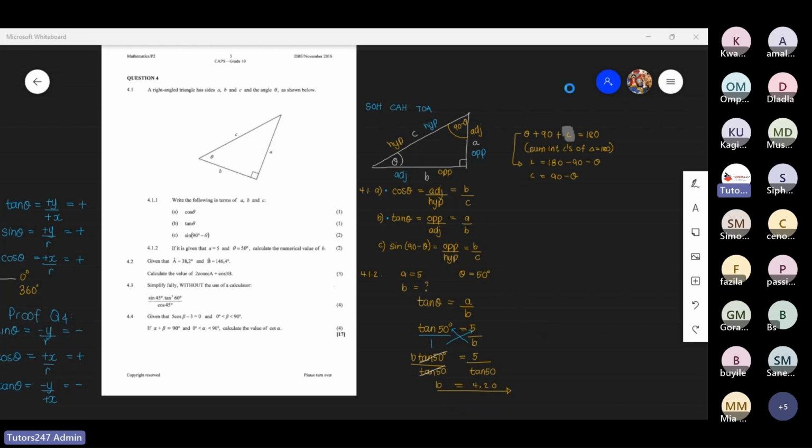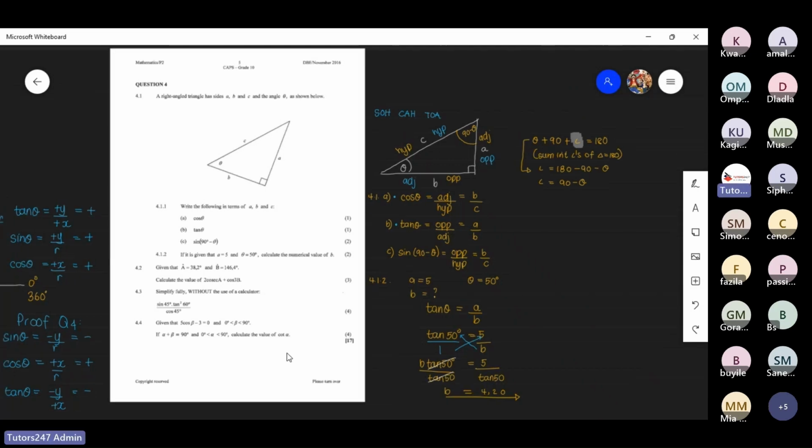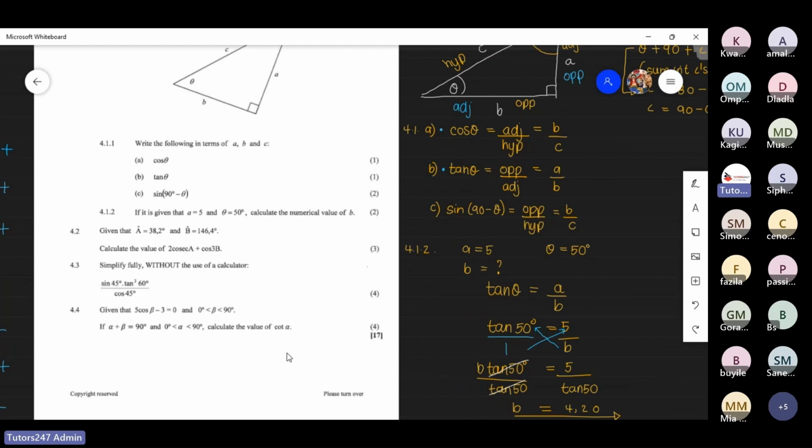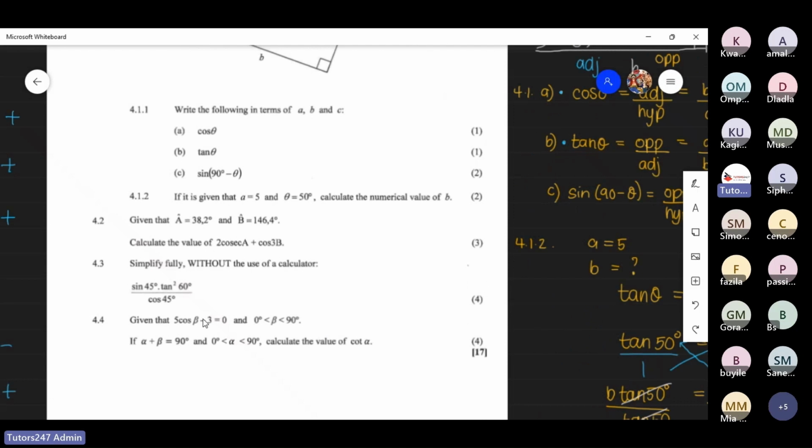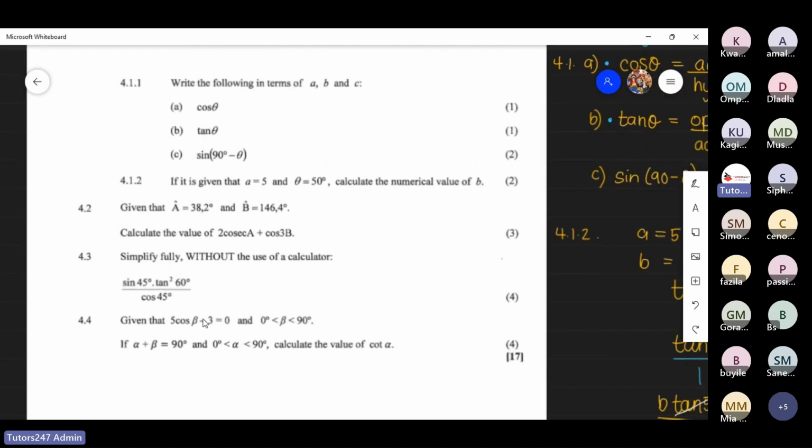So next we have question 4.3. Now question 4.2, not 4.3. So question 4.2 states, given that A equals 38.2 and B equals 146.4.